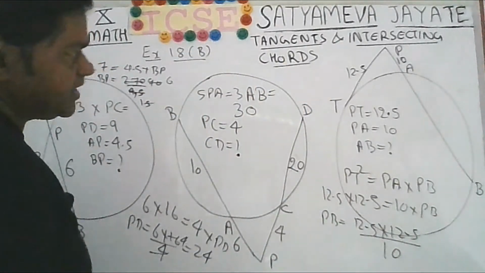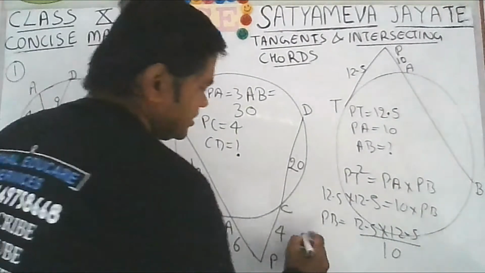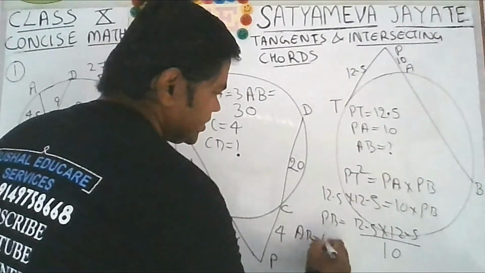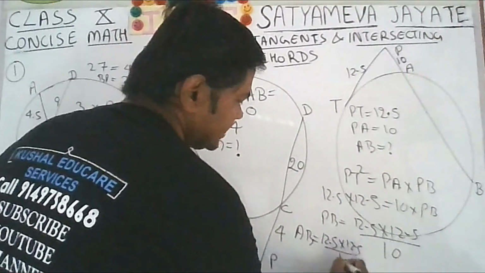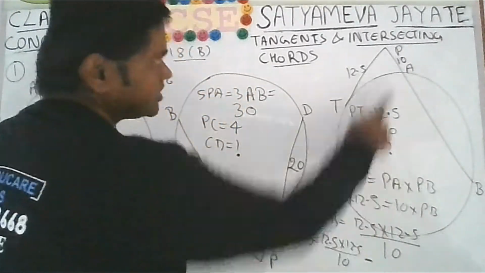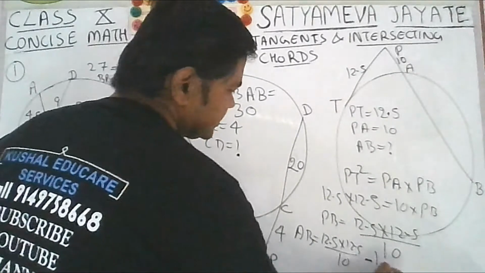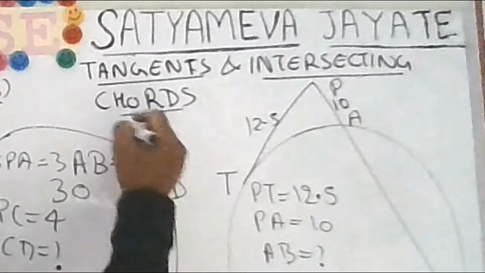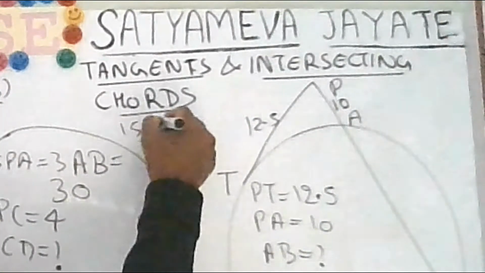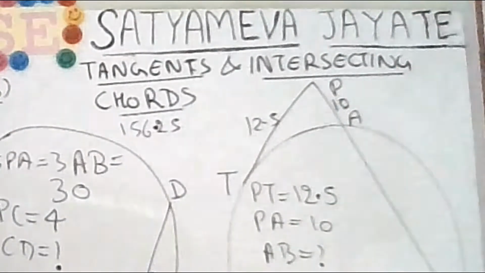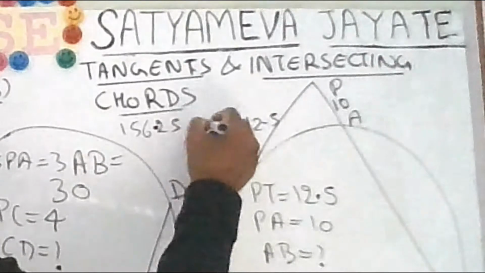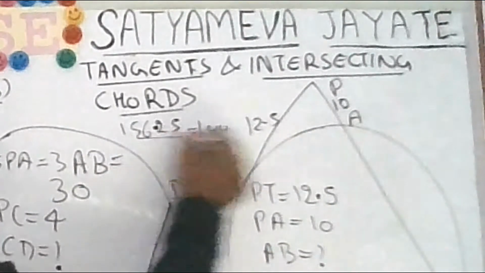So we have to find AB. What will be AB? AB will be equal to 12.5 into 12.5 divided by 10 minus PA. PA is 10. So if you solve it, it will be 15625, and then two decimals you are having like this, minus 100 divided by 10.